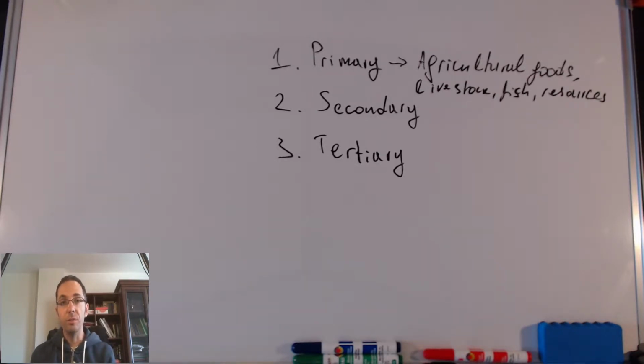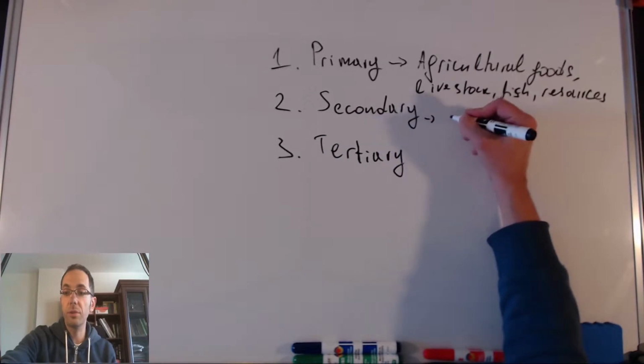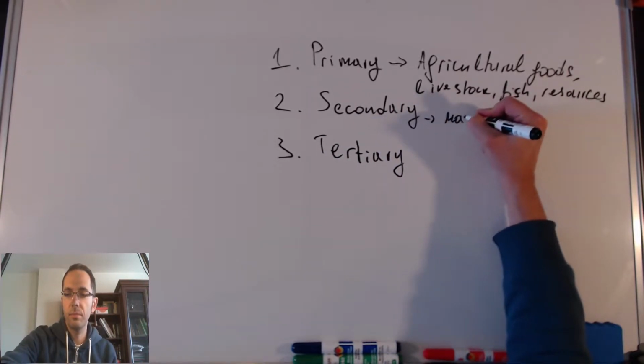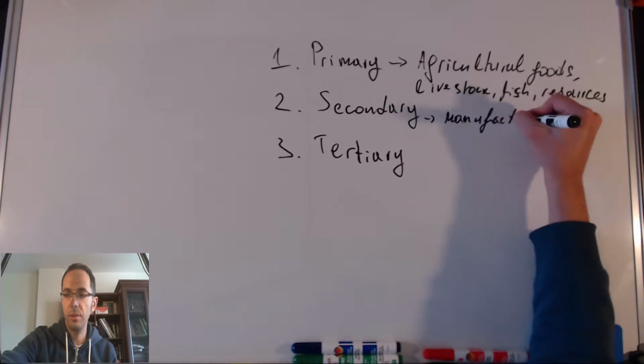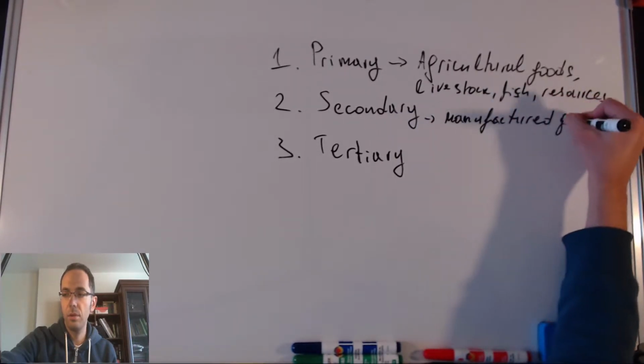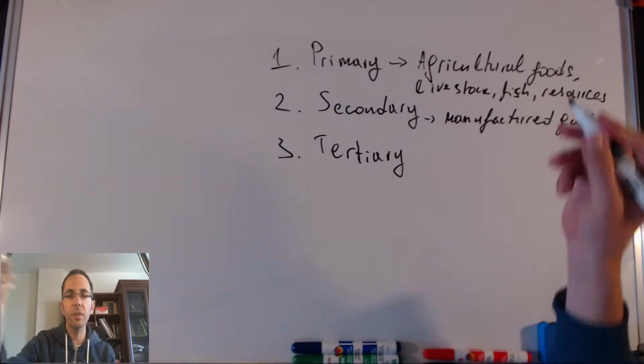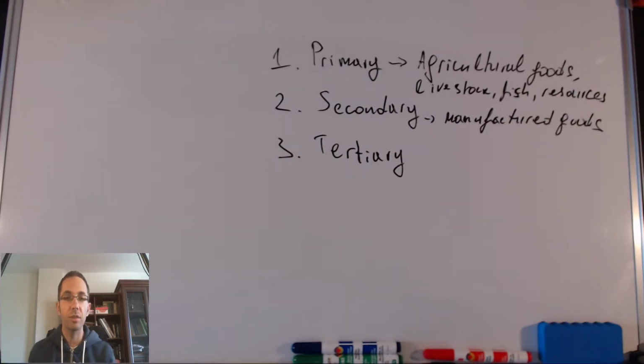So these would be things that do not naturally appear in the world, and we need to take some resources and labor, do some manufacturing, and then they will appear. So just manufactured goods. For example, consumer electronics, cars, clothes, all of these would be secondary commodities.